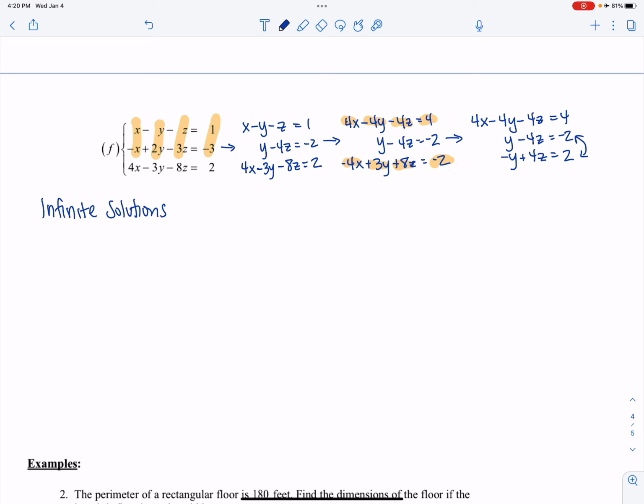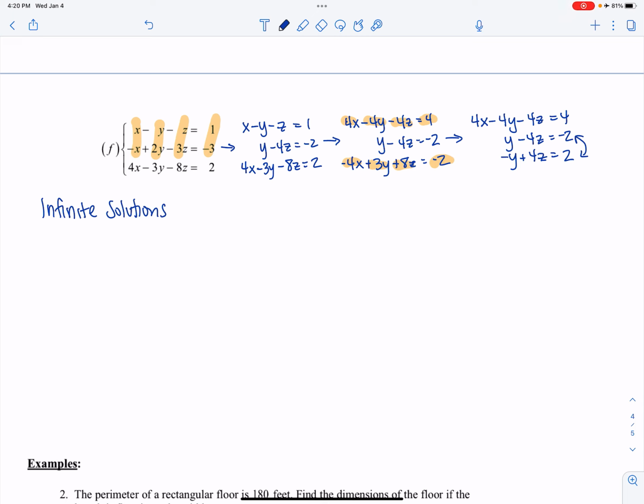This is also known as the dependent. So what we'll do is we'll solve for the variables until they all have something in common. It looks like they all have a z. So what we'll do is we'll solve in terms of z.